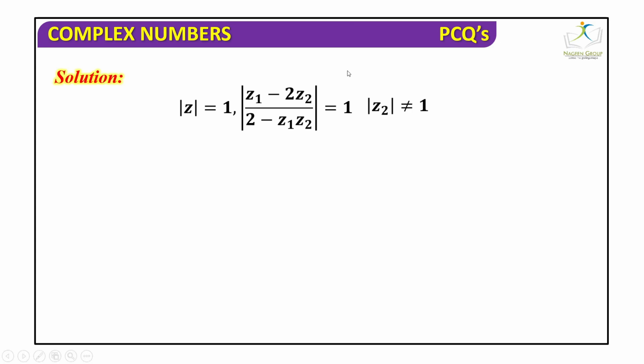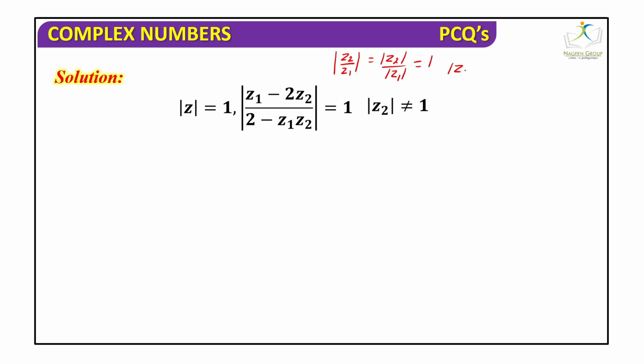From this, if we are saying this complete modulus is equal to 1, we can separate it. How to separate? We have a property here, z2 divided by z1, we can separate these moduli, right? Numerator and denominator, you can take the modulus separately.